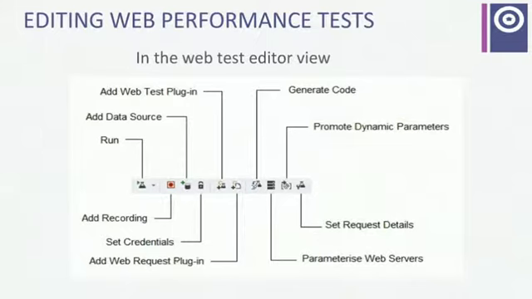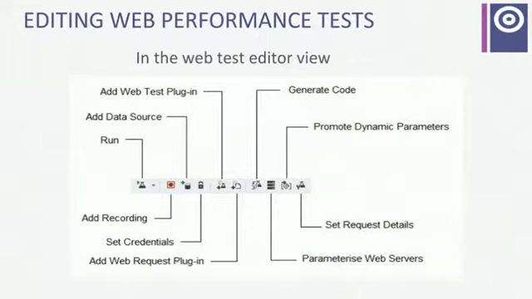You can create what's called plugins, which again we haven't got time to look at in any detail today. But basically, what this allows you to do is to write custom code, which will then override how the testing framework actually operates to run your web performance test.